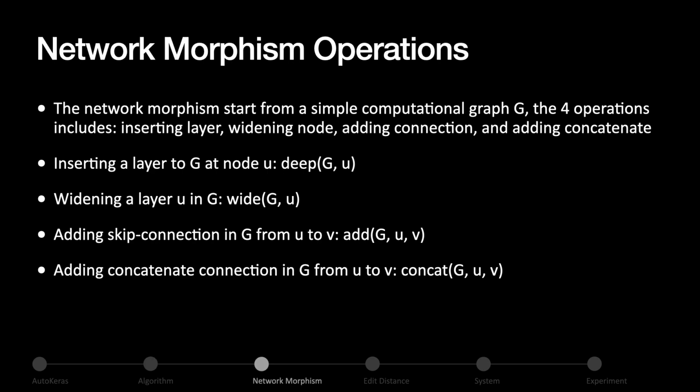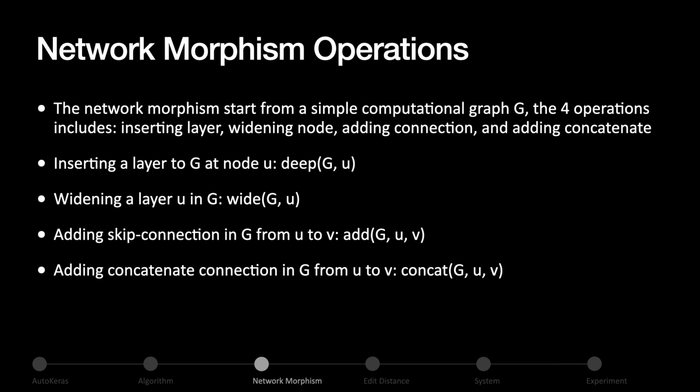AutoKeras considers 4 types of neural network morphism operations. The network morphisms start from a simple computational graph G. Those operations are inserting layers, widening node, adding connection, and adding concatenate.